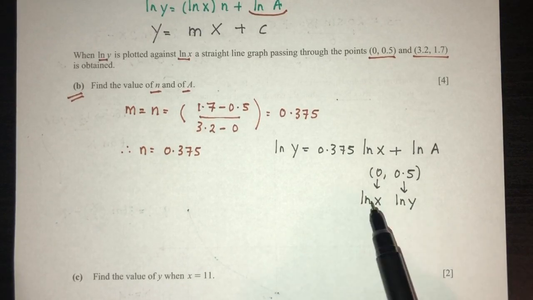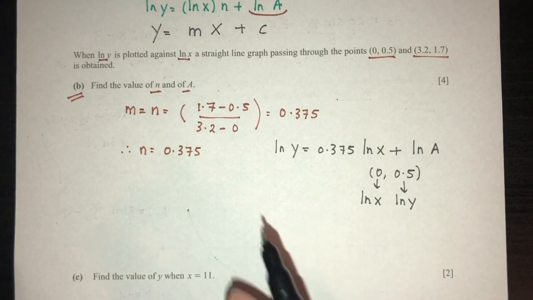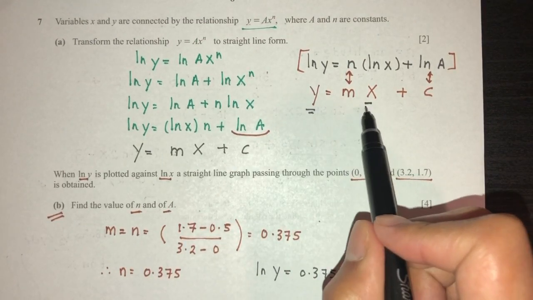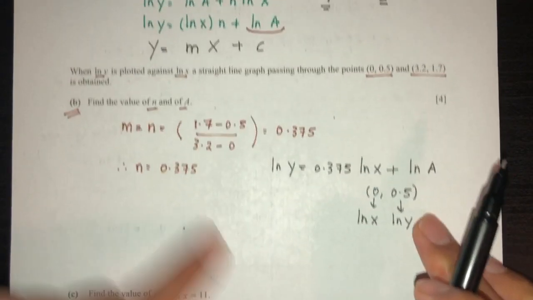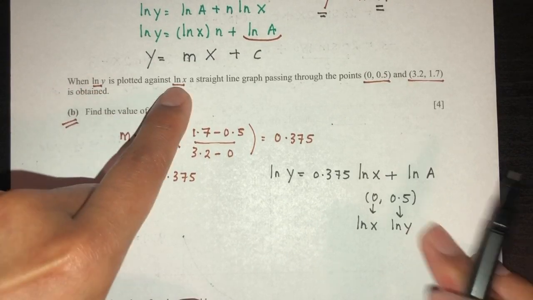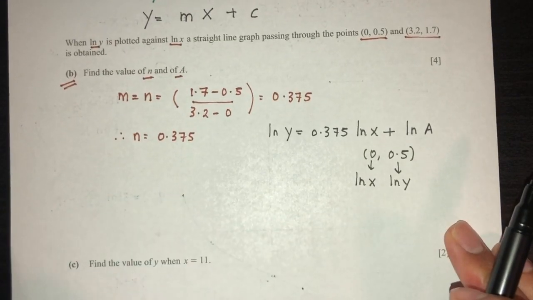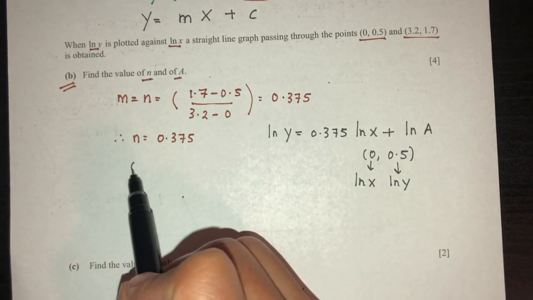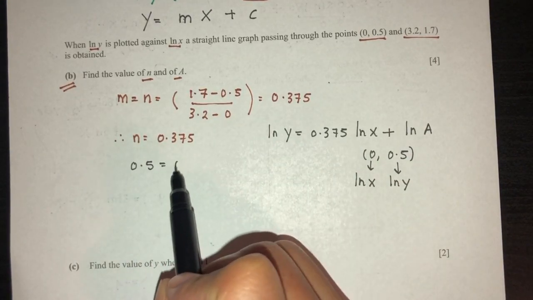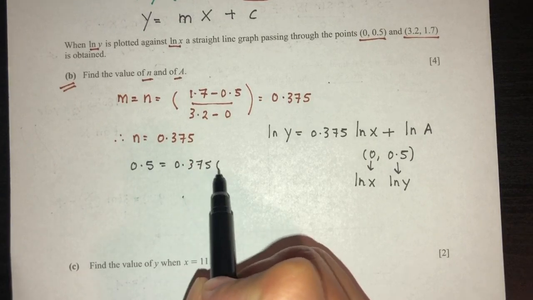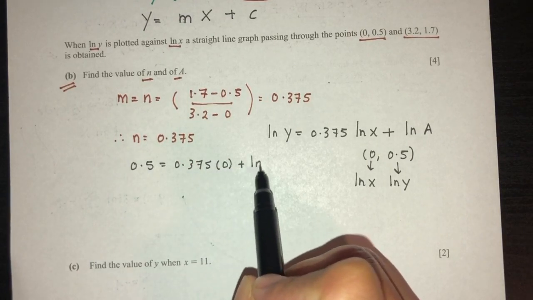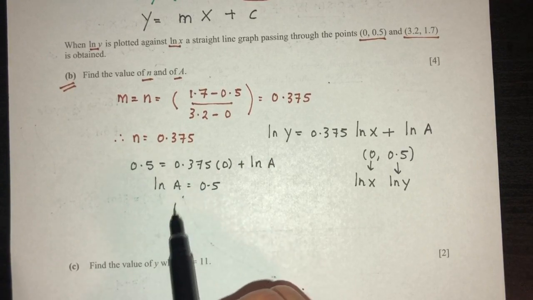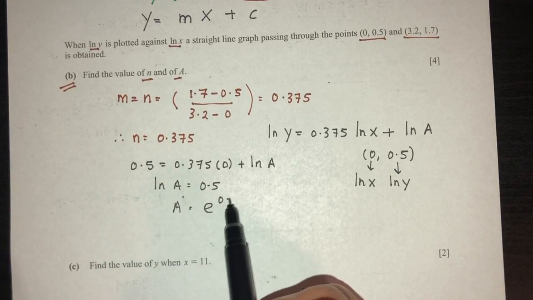Usually we have x and y for a normal line of y against x, but here we have ln y against ln x, so this will be ln x and ln y. Okay, now replace back in your equation. You will have 0.5 is equal to 0.375 times 0 plus ln a. So ln a is equal to 0.5, so a will be exponential 0.5.